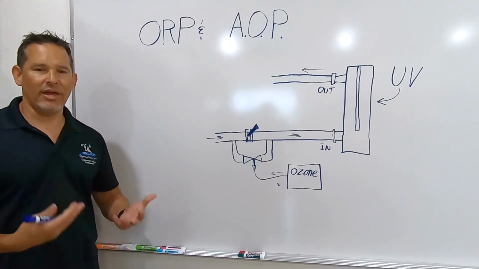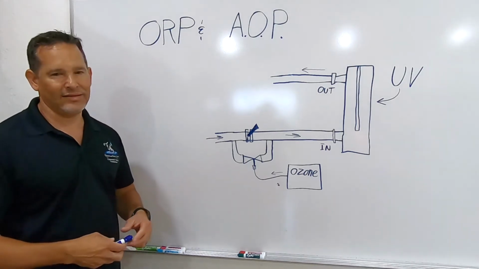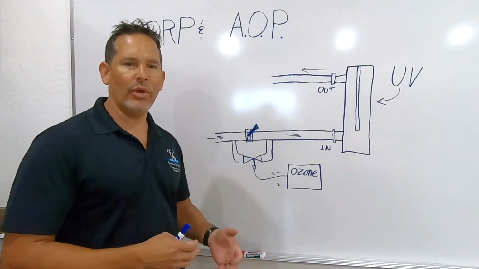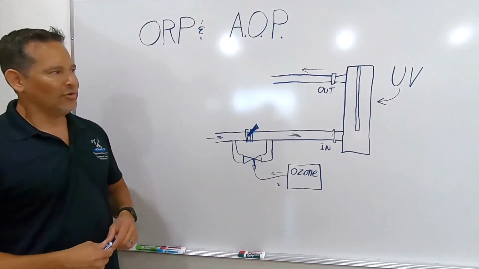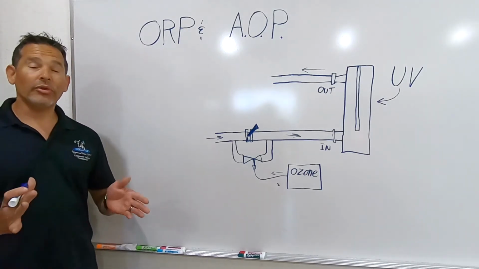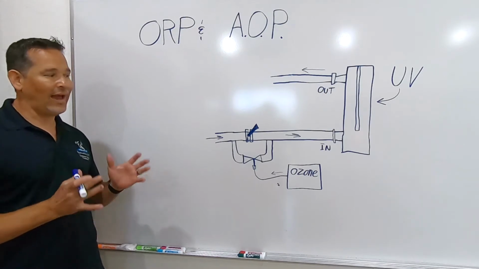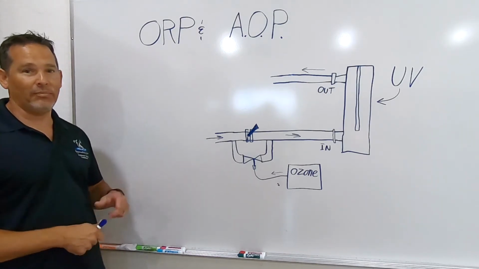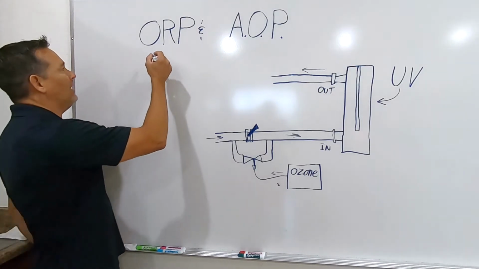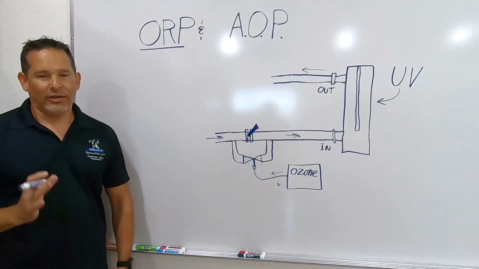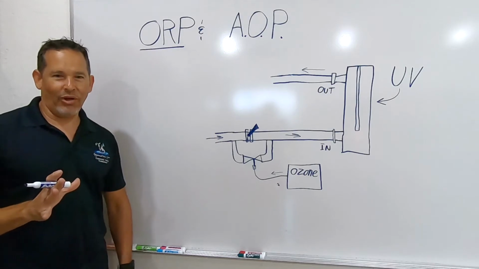It's just another method of sanitizing and disinfecting water, and it's done by utilizing both ozone and UV systems. So I'm going to show you both the pros and cons, but I need you to understand how the system works so you get a better understanding of what it does to the strength of the water. I'm not talking about water quality right now.